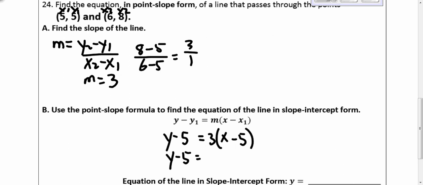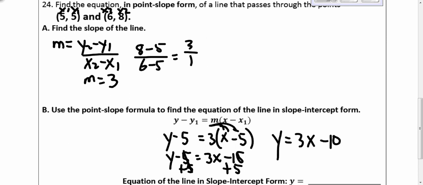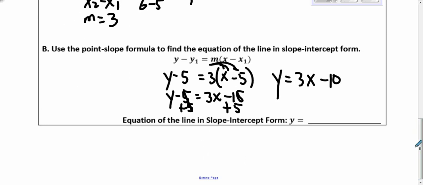Y minus 5 equals 3x minus 15. We're going to do this distributive property. You add 5 on both sides. You get y equals 3x minus 10. And that is the equation. Y equals 3x minus 10. And that's it.